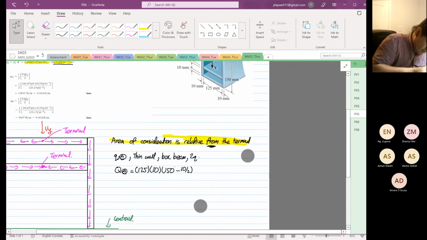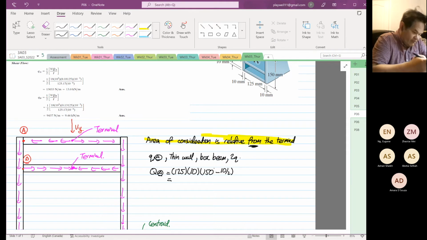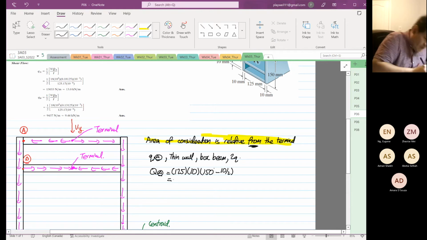Okay, so this is equal to the width 125 times 10 times 150 minus 10 divided by 2, which is equal to 181.25 times 10 to the power 3 millimeter cubed, or 181.25 times 10 to the power minus 6 meter cubed.